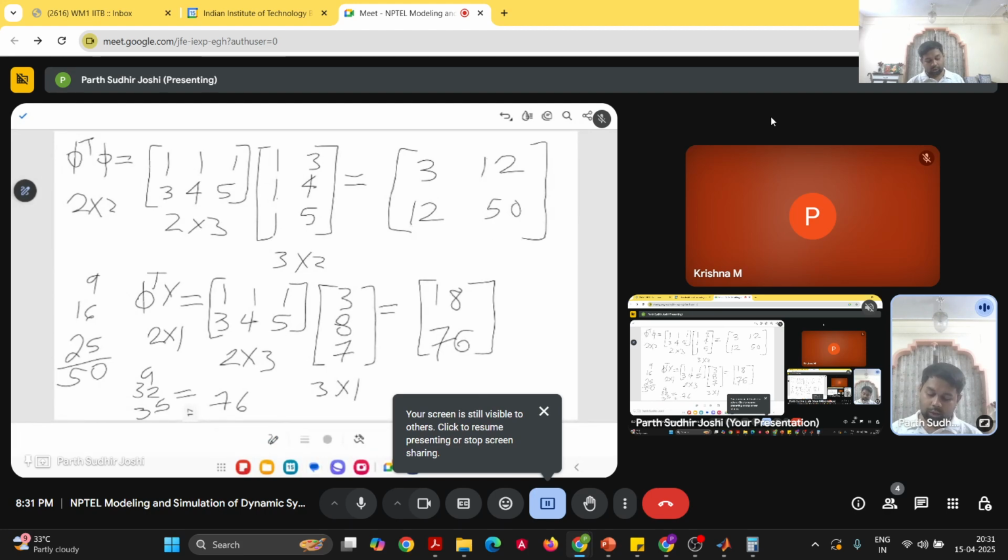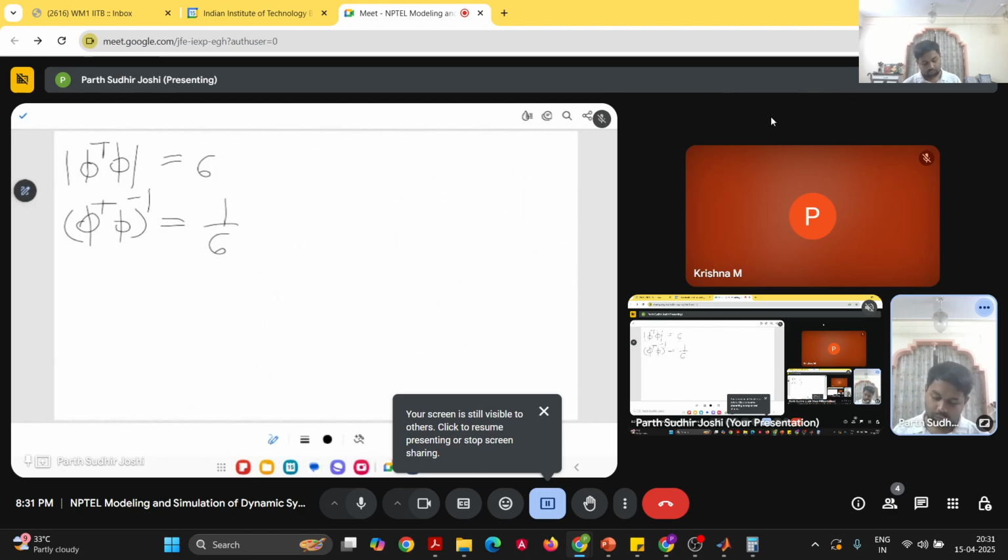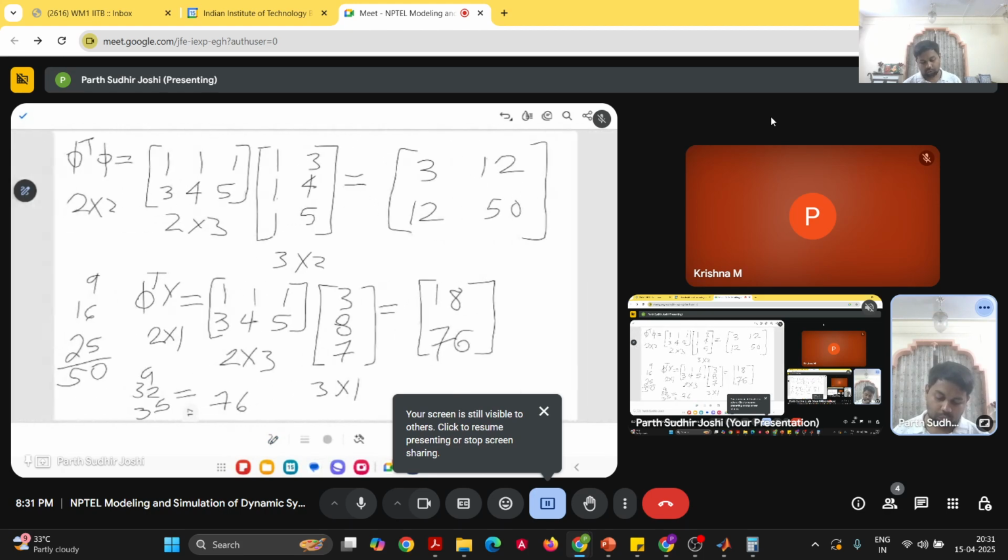So let us write down the matrix of cofactors here, and it's a 2 by 2 matrix. The cofactor for the first element will be 50.